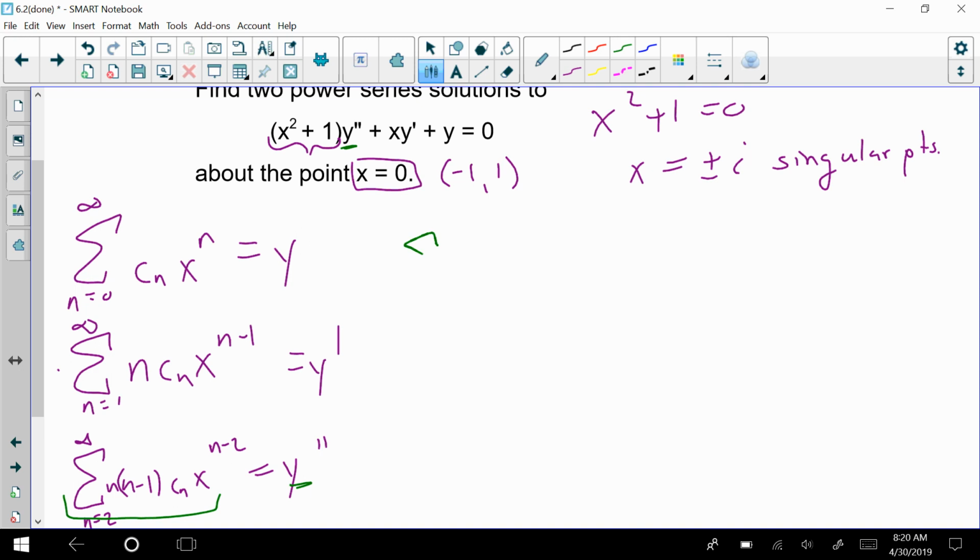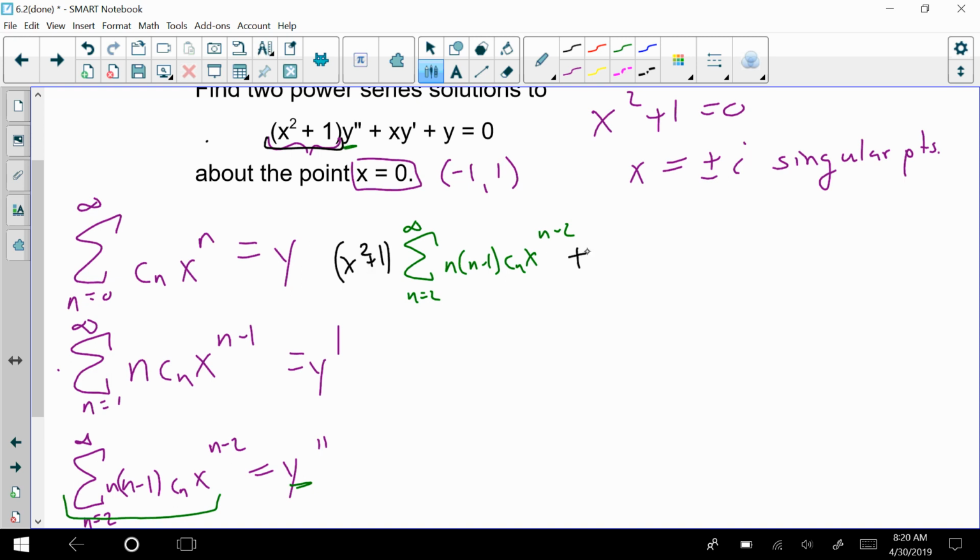So I have the summation n equals 2 to infinity of n times n minus 1 c sub n x to the n minus 2, and the original has x squared plus 1 sitting here.